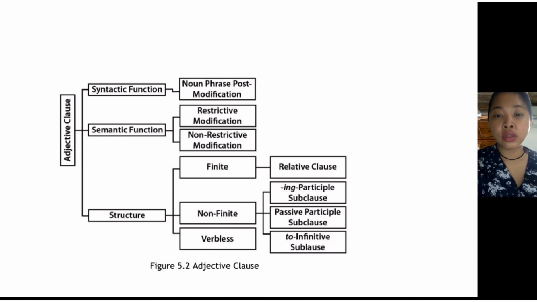And for the structure, there is the finite, which is the relative clause, and then the non-finite, in participle subclause and passive participle, and also the to-infinitive subclause. And the last one is the verbless.